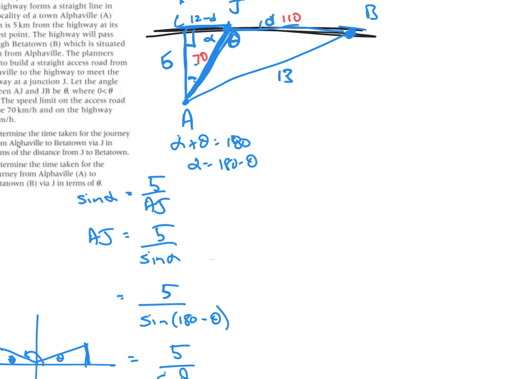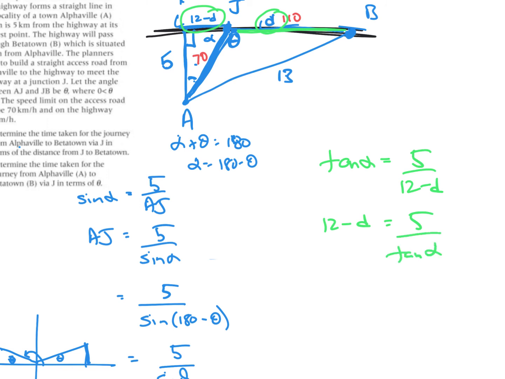Now, to get this portion here, what I'm looking for is d, but d is also here. So I can also say that the tangent of alpha is equal to 5 over 12 minus d. And so 12 minus d is 5 over tangent alpha.